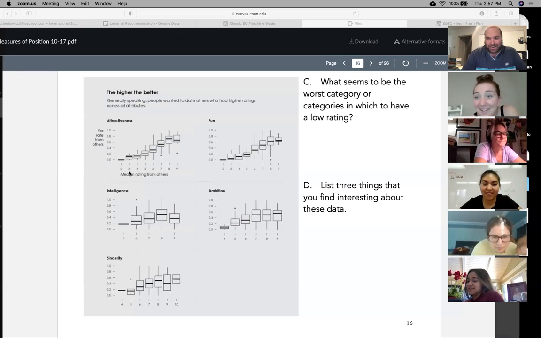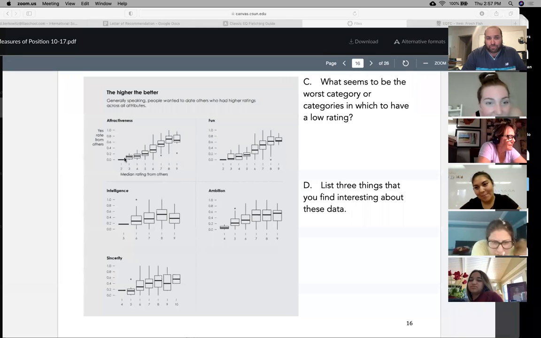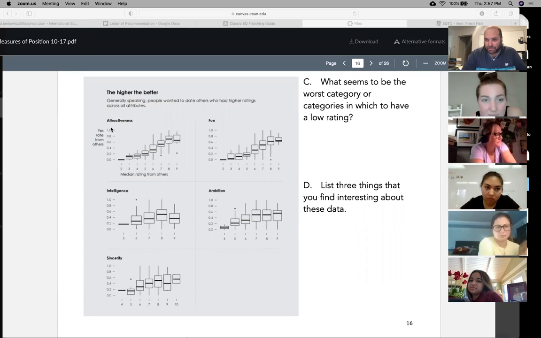Now, if they had an attractiveness rating of 3, you'll notice that there are some people who wanted to go out with them, but still not very many, right? But across the board, as the attractiveness rating went up, the percentage of people who wanted to go out with them also went up. Agreed? That seems very realistic.